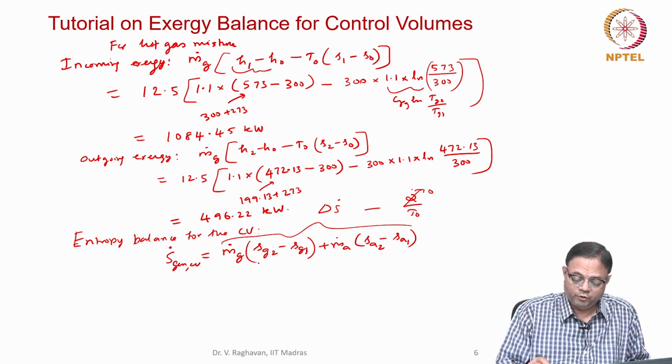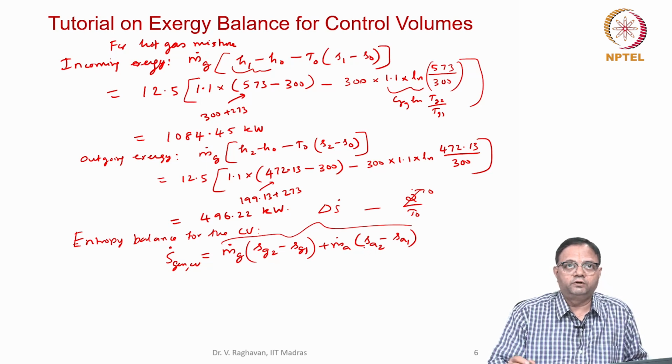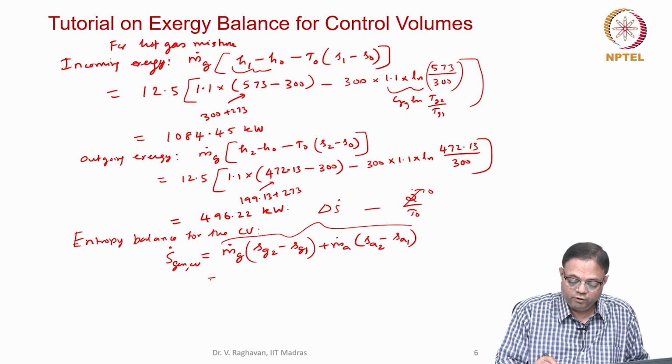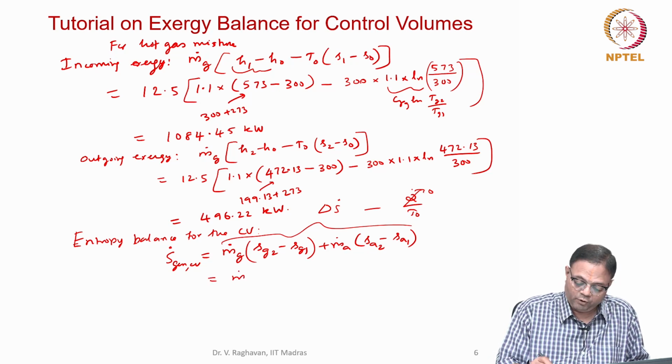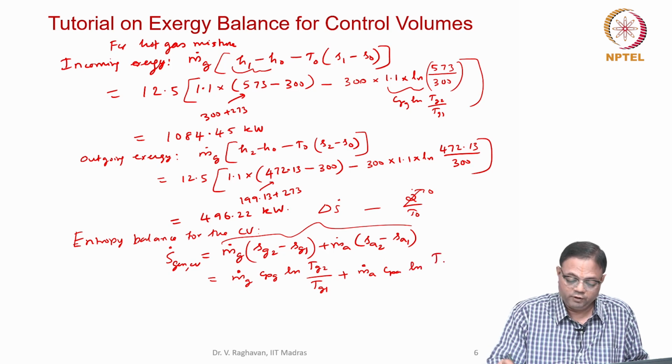Now how will I do this? Again the pressure ratio is the same, so the incoming and outgoing pressures remain the same. So I can say this is m dot g into Cpg into ln of Tg2 divided by Tg1 plus m dot a Cpa into ln of Ta2 divided by Ta1.